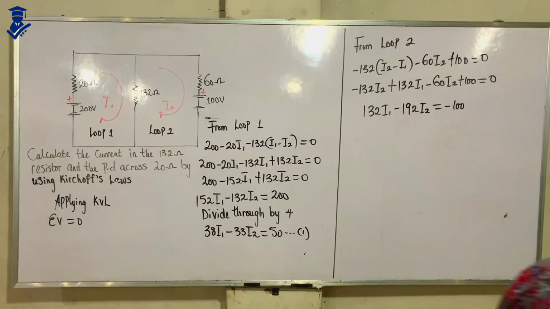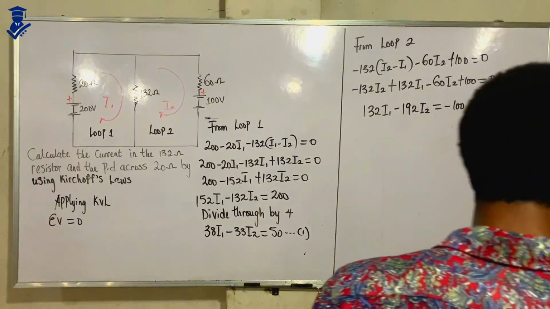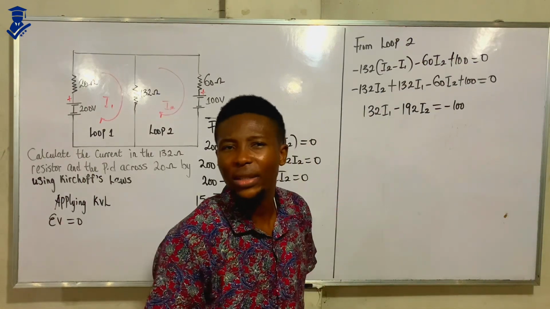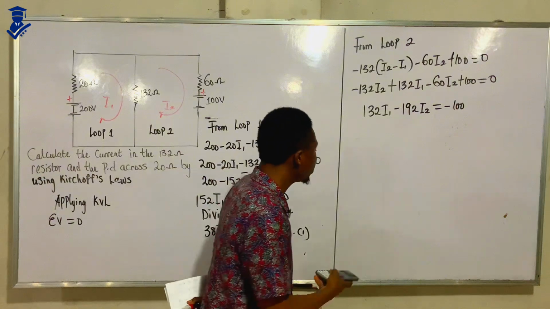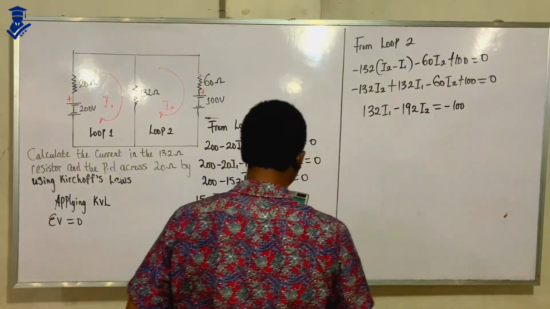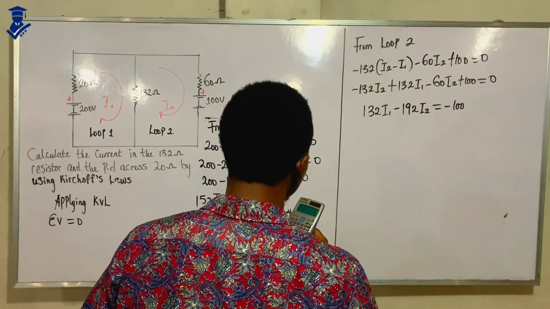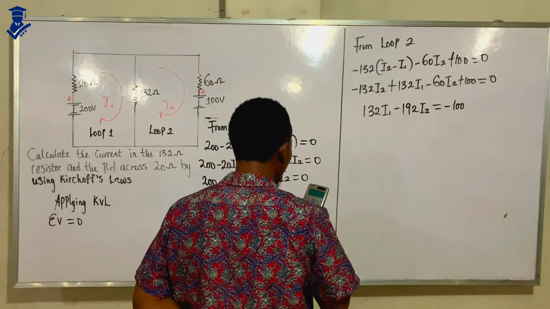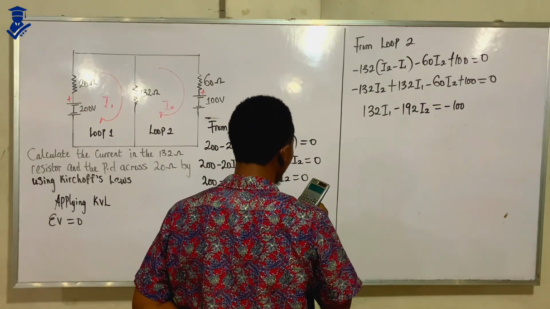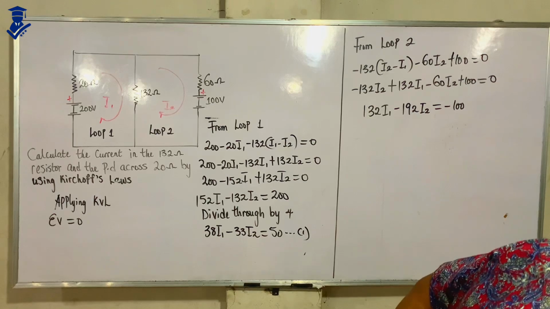Now of course if we look at this equation, they have a common factor 4, so we can divide through by 4. 132 divided by 4 gives us 33. 192 divided by 4 gives us 48.